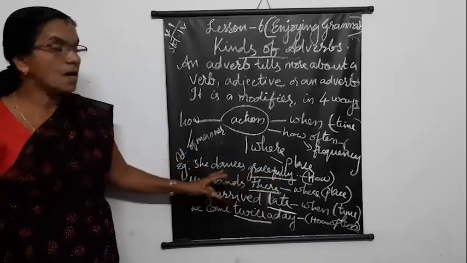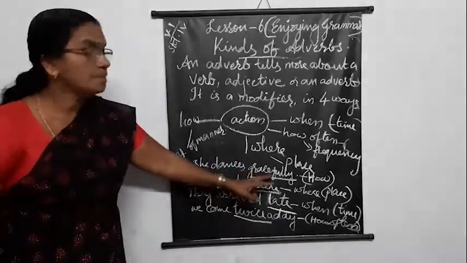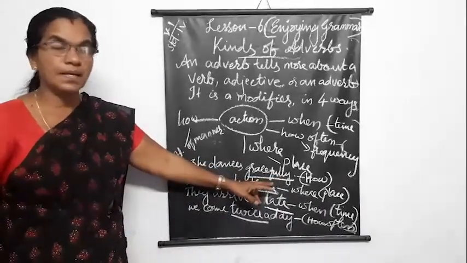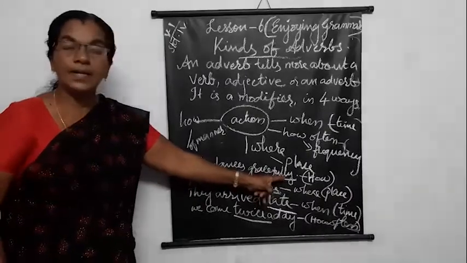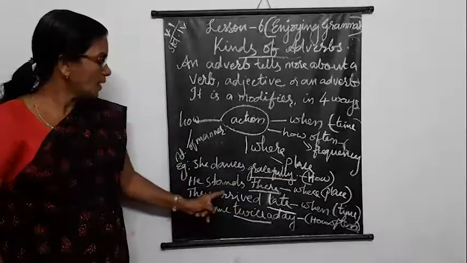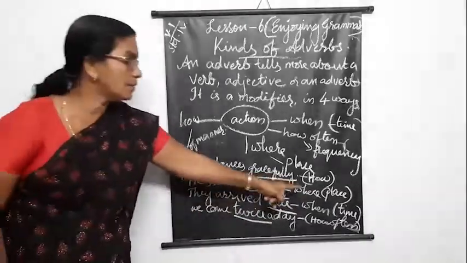When we ask a question with how, we will get the answer, that is the adverb of manner. That is how the action happens. For adverbs of manner, usually we get the word by adding ly to the adjective. Clear? When we ask a question with where, we will get the adverb of place.